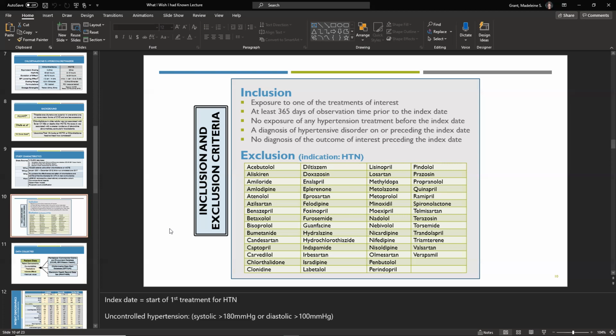Another example of why inclusion and exclusion criteria is so important is because, say, we're looking again at a study with hypertension and they excluded anyone on a beta blocker.